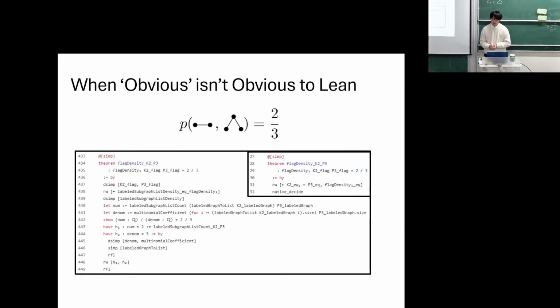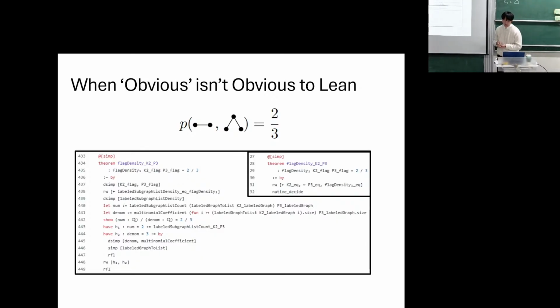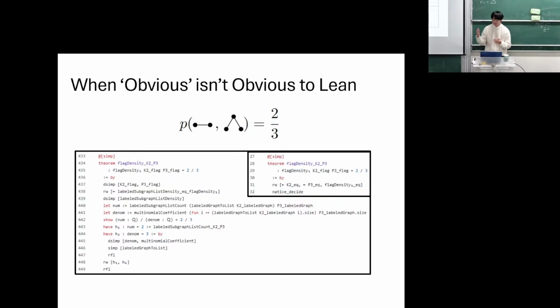In contrast, if we use the non-enumerative style, then we need to prove all these trivial steps manually. The code shown on the slide is only part of the proof, and the full code exceeds 100 lines.